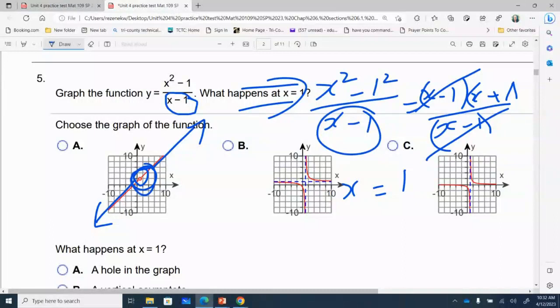So instead of saying there's a vertical asymptote, a smarter student will say there's a hole in the graph at x equal to 1. Is that clear? Actually, if you write there's a hole in the graph, my lab maths will mark it and give you 10 points.